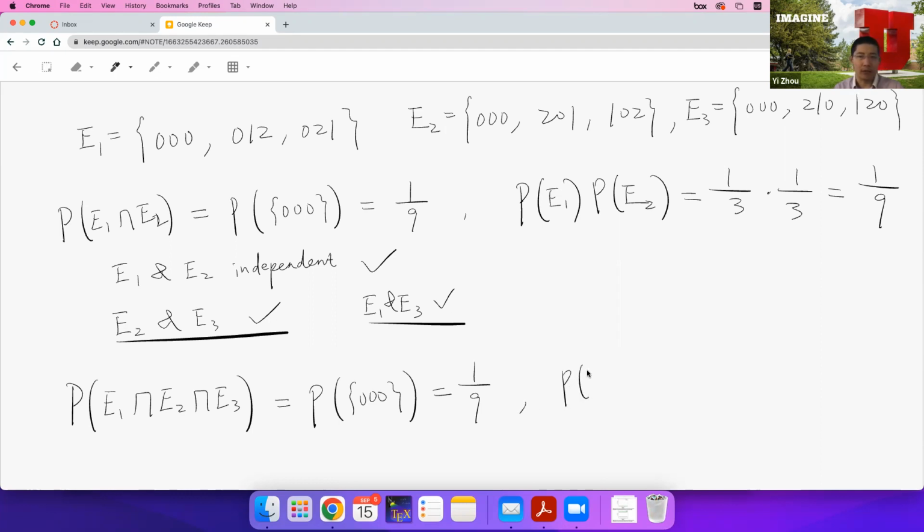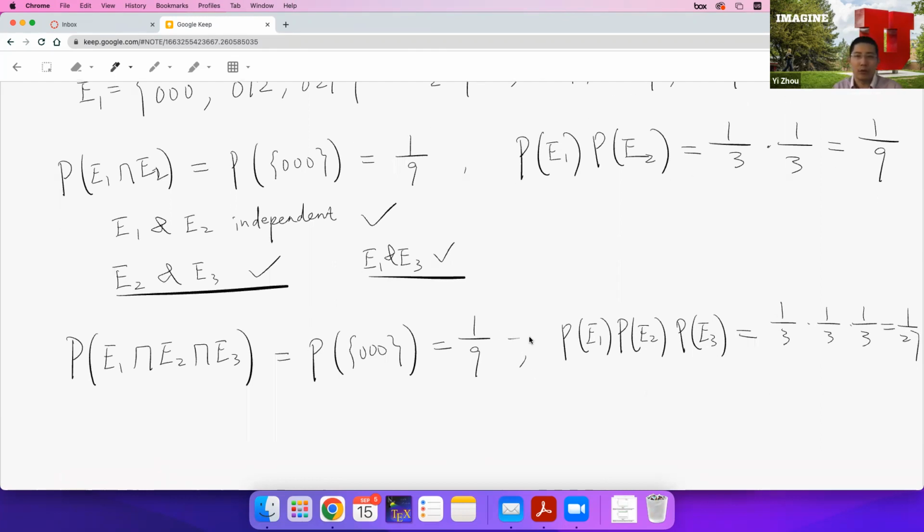On the other hand, the product of their individual probabilities is 1/3 times 1/3 times 1/3, which gives 1/27. These two are not equal to each other.